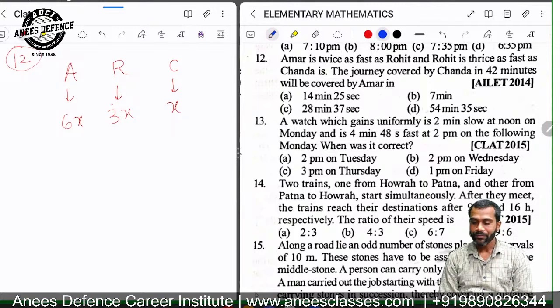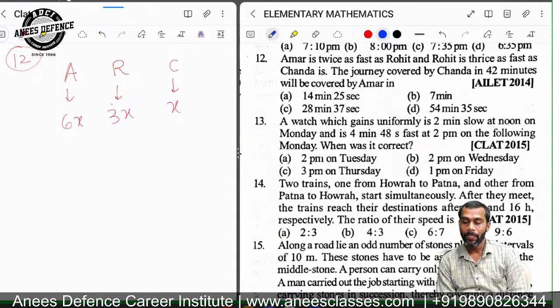Yes or no? Now, speed and time. The journey covered by Chanda in 42 minutes will be covered by Amar in... We need to find out the total time taken by Amar, if Chanda takes 42 minutes and the distance being the same.